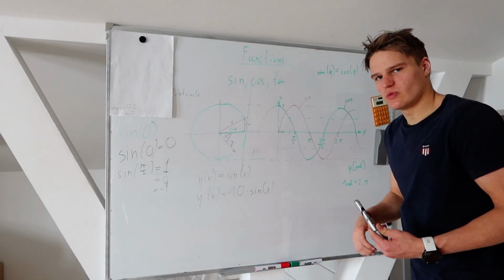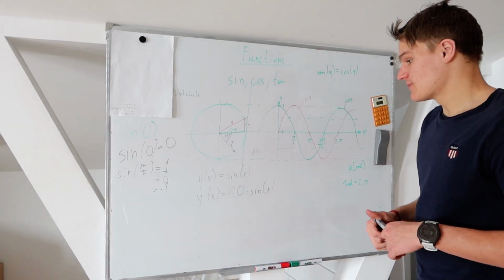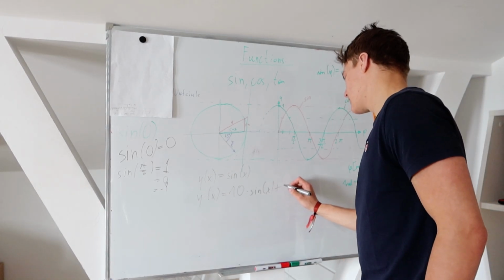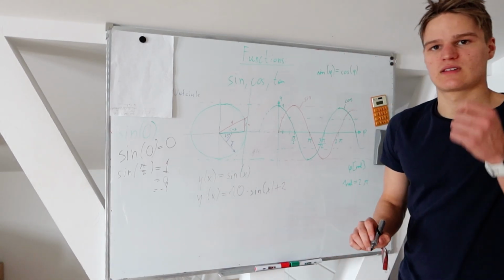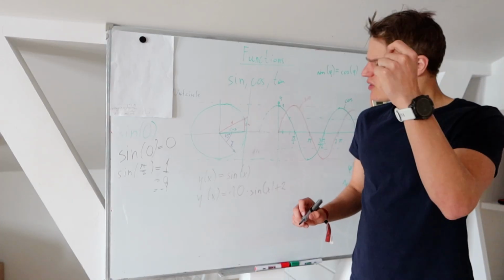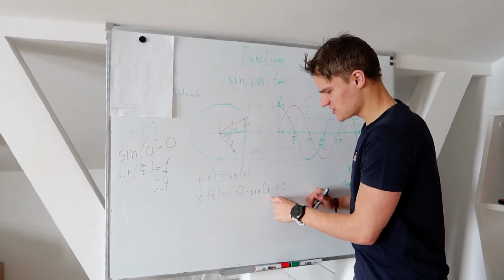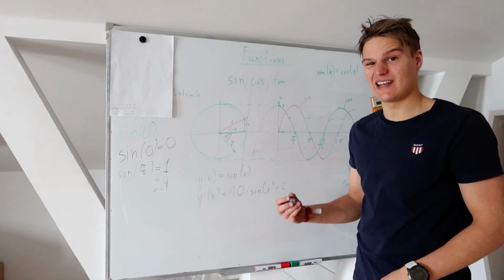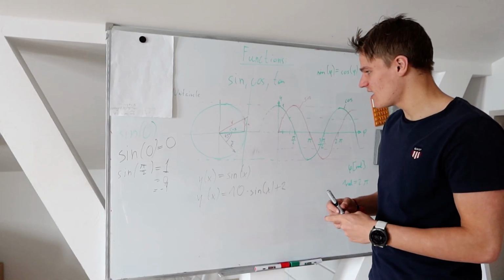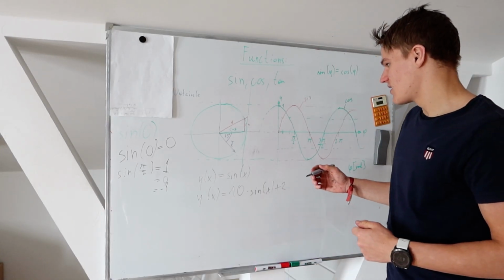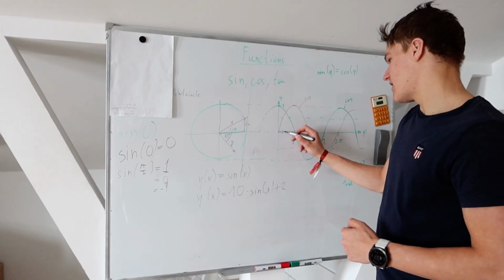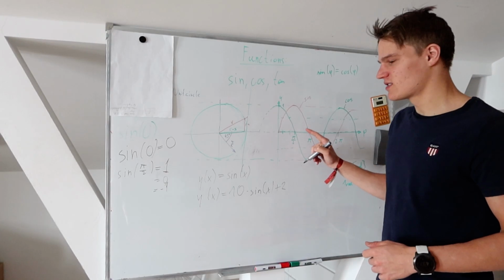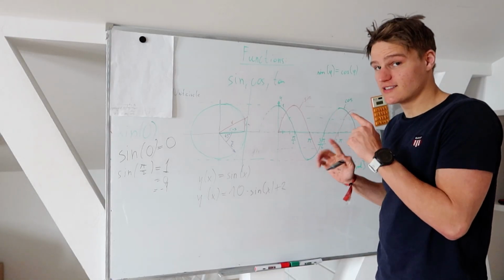What else can we do? So we said we can add and subtract. Absolutely we can. What does that do though? If you write plus 2, what does that mean? It means that 2 is added to everything that we plug into this variable. And what does that in conclusion mean? Well, it actually means that this center line on which we have based these functions shifts up 2. It's not that difficult.